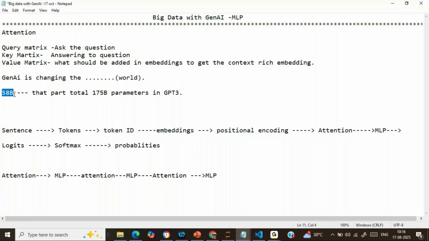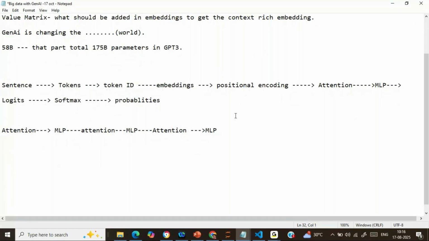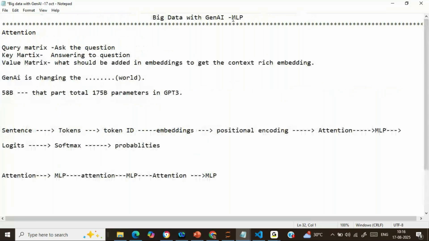So 58 is around one third of 175 billion. The rest, two-thirds, are from the MLP, so let's have the discussion on the MLP. In today's session, our main agenda will be the MLP, multi-layer perceptron.